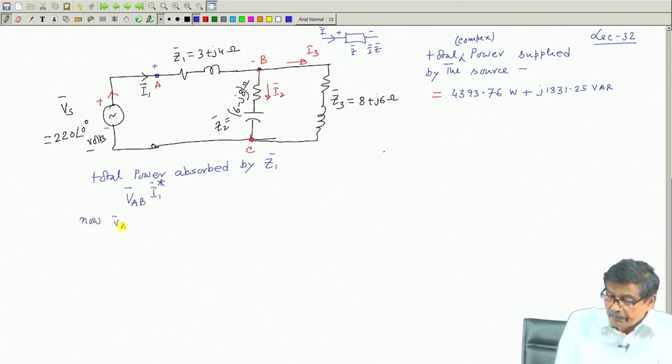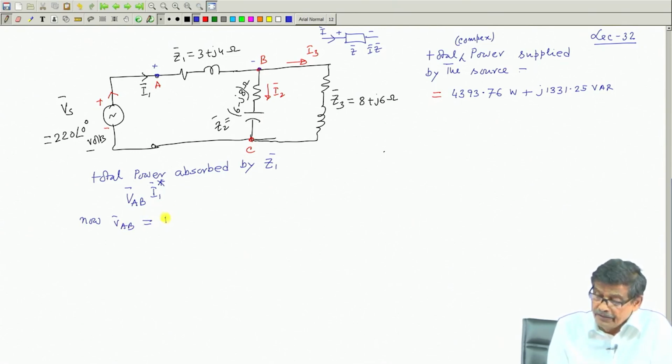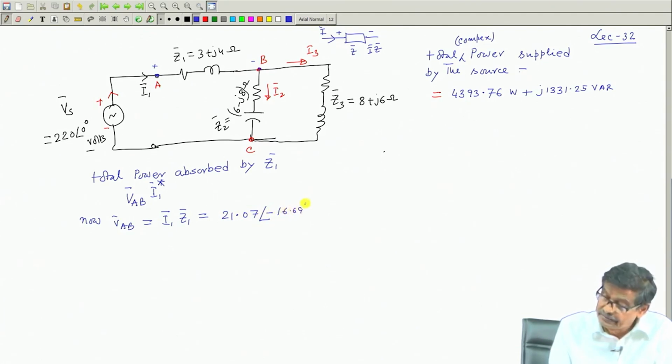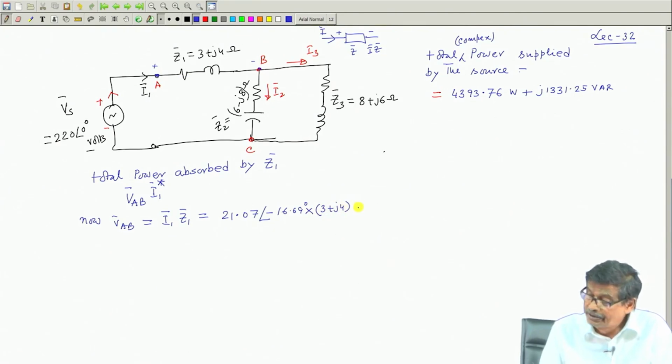So, now V bar AB will be equal to I 1 into Z 1. Do not take I 1 star here, that will be totally wrong. And I 1 I have already calculated in the previous page, which was 21.07 and angle is minus 16.69 degree, and the value of Z 1 is 3 plus j 4. So much volts.